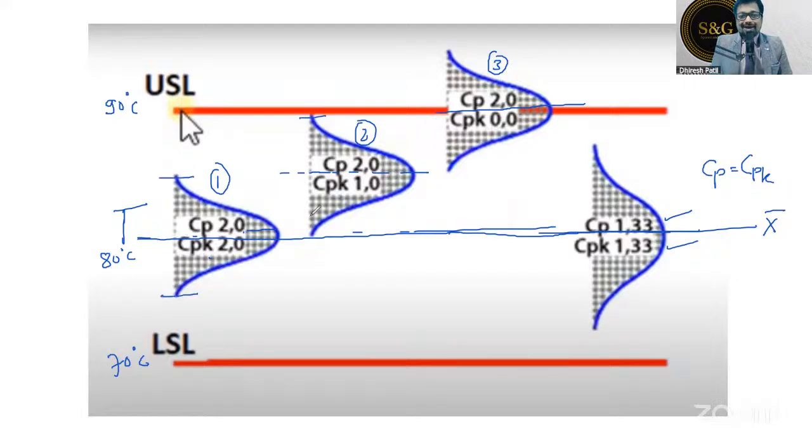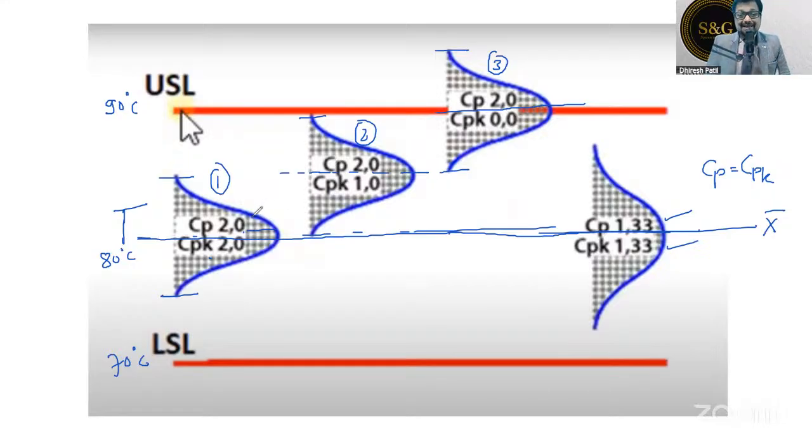Can you see the spread is exactly the same? Only thing is that the process is drifting. Only the mean is shifting towards the upper specification. Now, in this case, let's say another person has come and he has started giving even hot cups of tea. So the process has started shifting. In that case, Cp is 2 only.